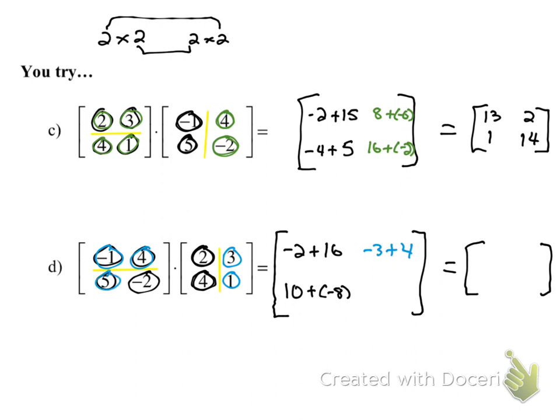And then 5 times 3 is 15, plus -2 times 1 is -2. So that will be 14, 1, 2, and 13.